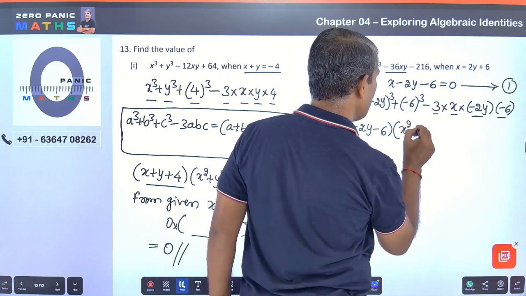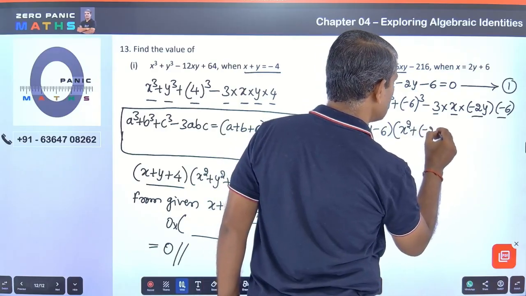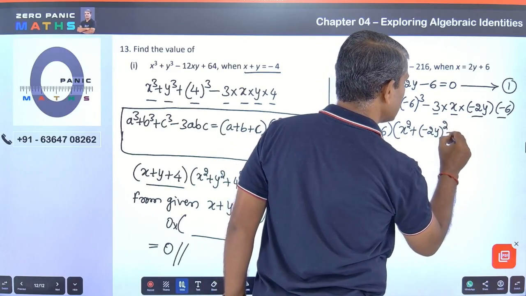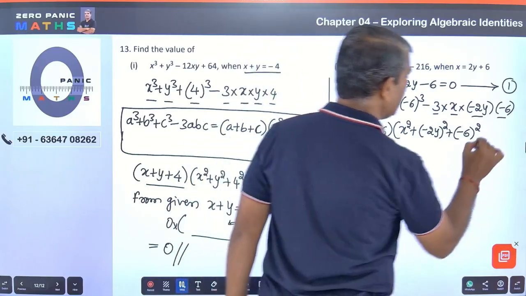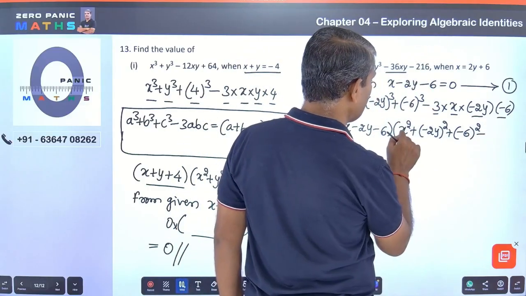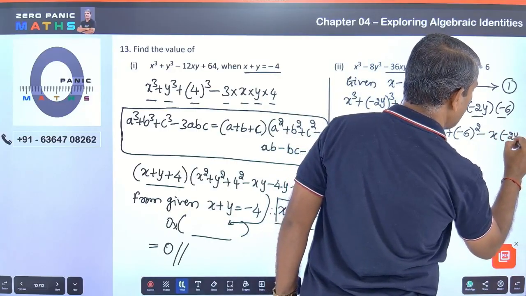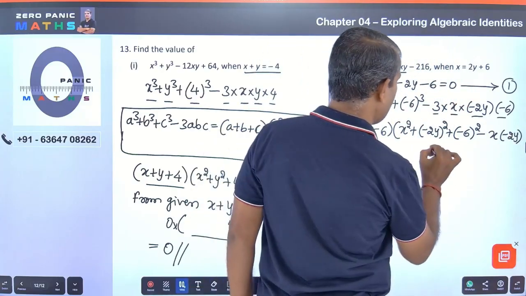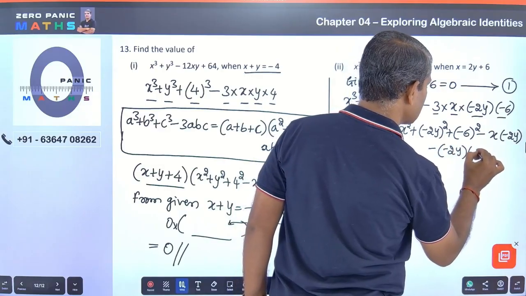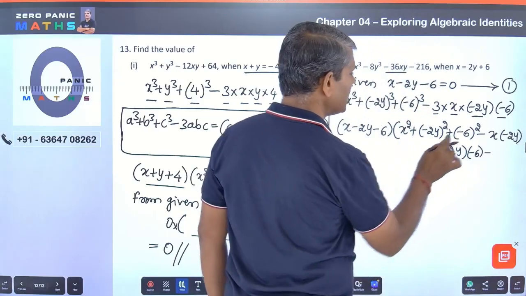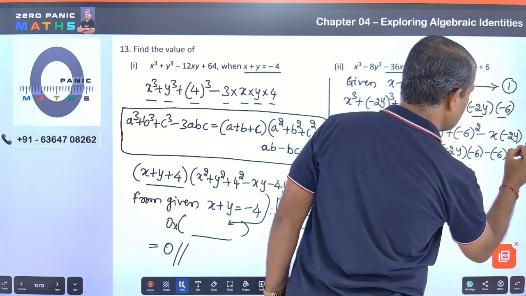It is a square, that is x square, plus b square, that is minus 2y whole square, plus c square, that is minus 6 whole square, and minus ab, that is x into minus 2y, minus bc, that is minus 2y into minus 6, and minus ac, that is minus 6 into x.